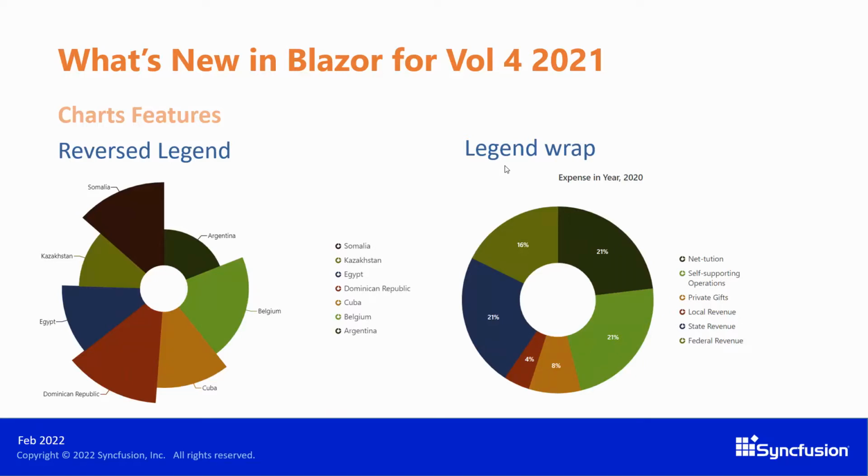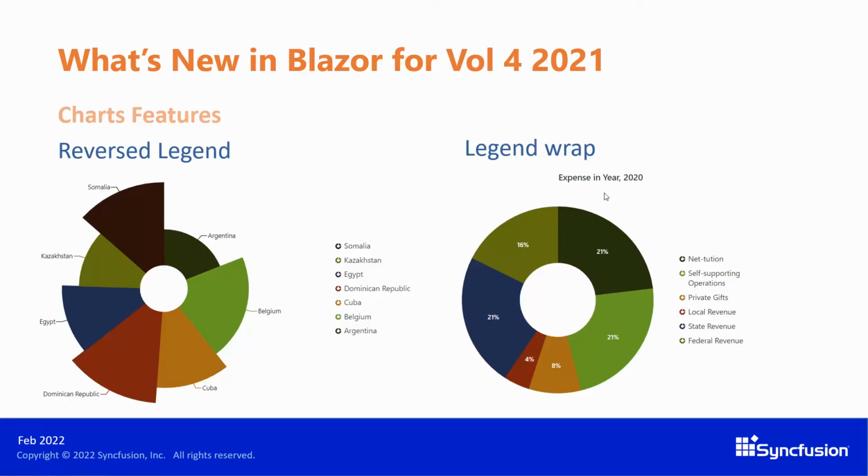This is nothing but the legend items being displayed in a reversed order. You can see the items displayed in this particular order. And legend wrap is nothing but the legend item text content being wrapped onto the next line whenever it exceeds that particular space.